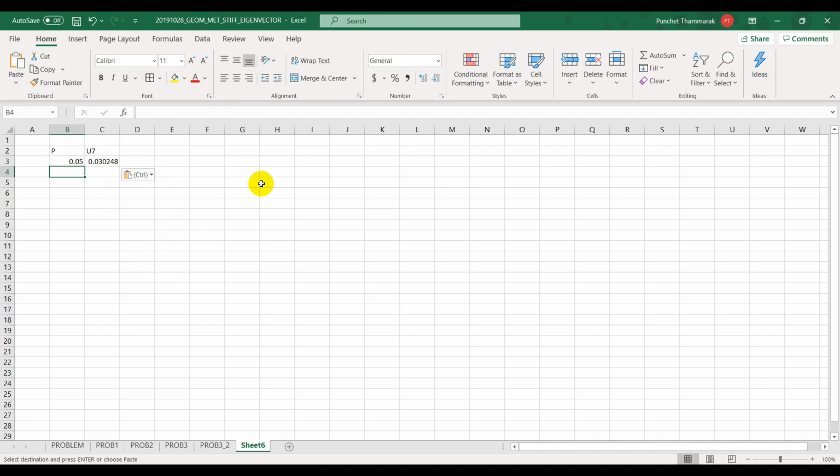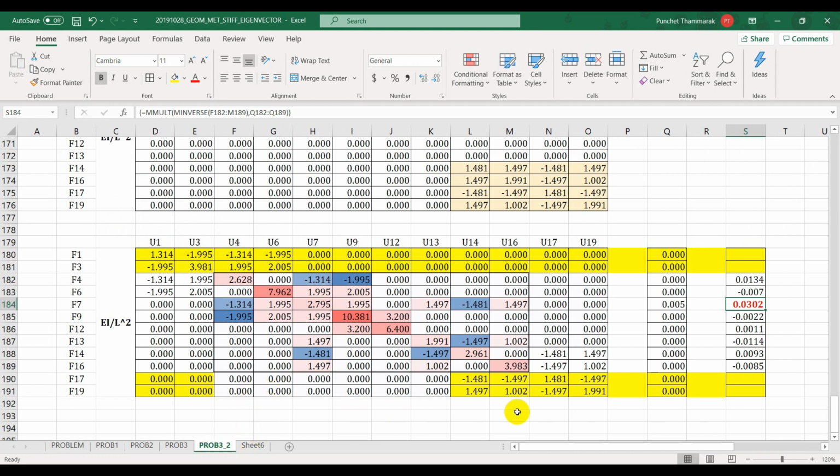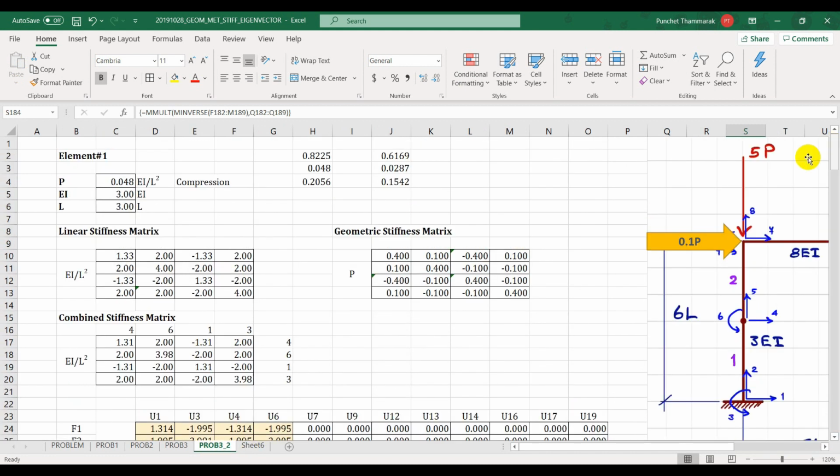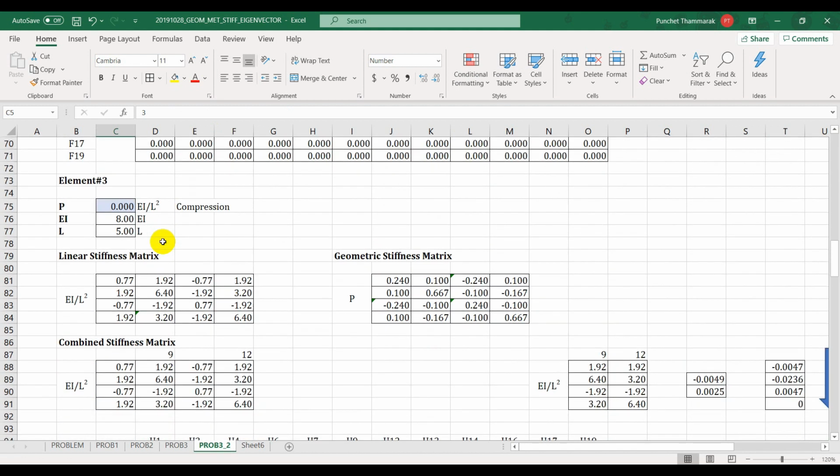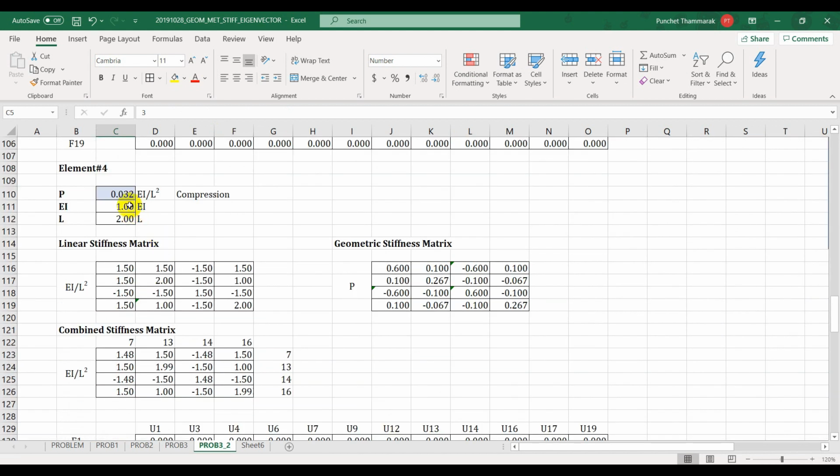Next step, we increase the load to 0.1. So we change to 0.1. We come back and see. Again, you need to put the 0.1 in here, and number 4, this is 0.06, right? 0.6 times 0.1, 0.06.